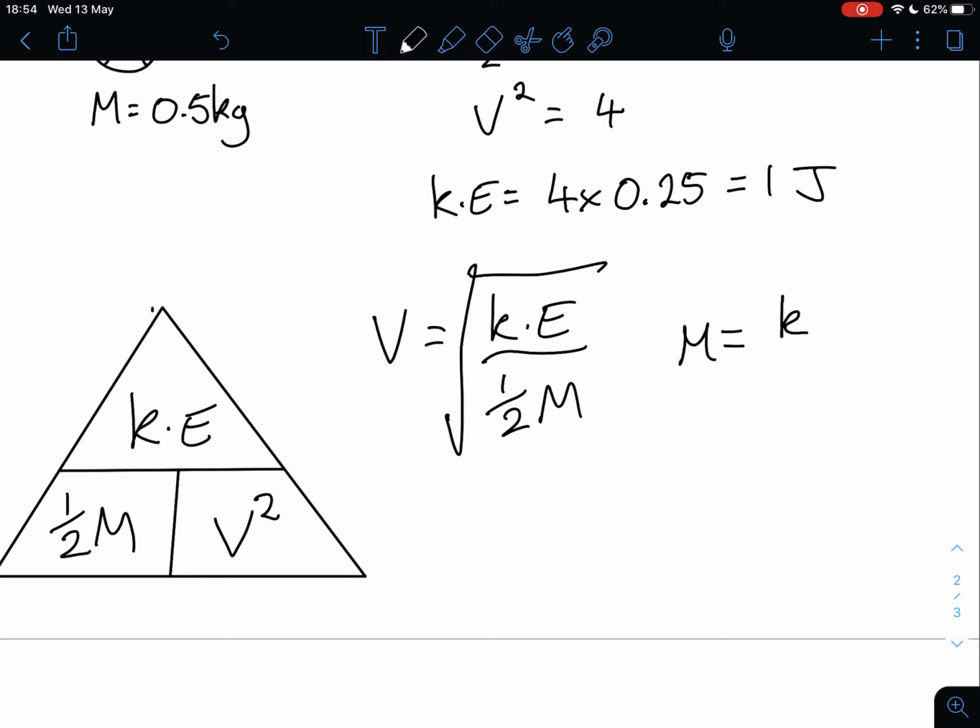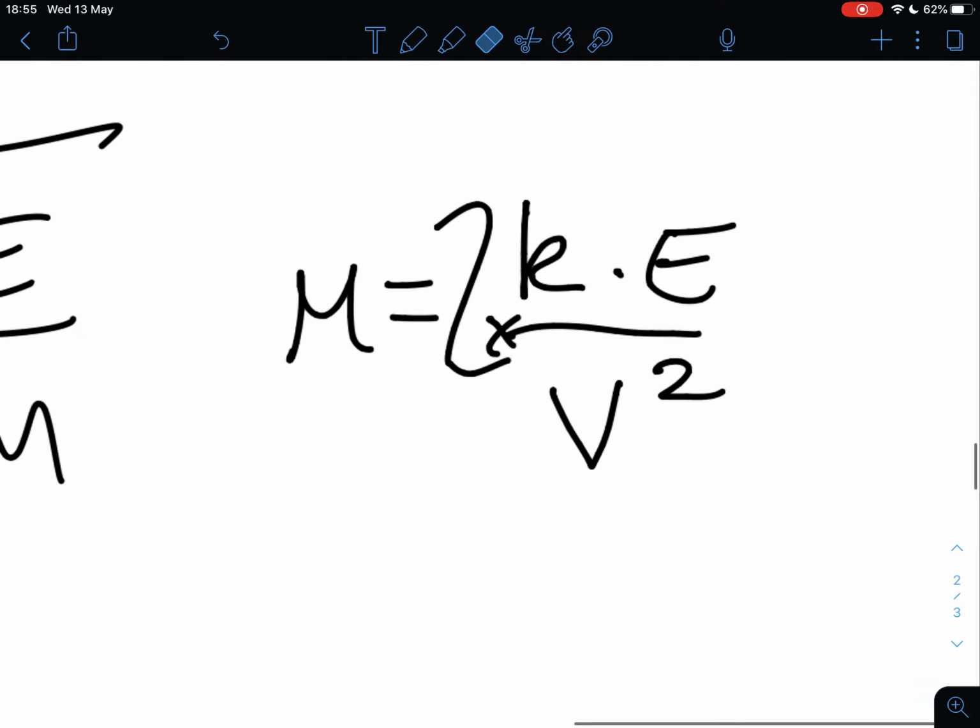We get Ke over v squared. But that's half the mass. So the number you get, if you do Ke over v squared, is half of the real answer. So to get all of the answer, you times it by 2. Like that. And the 2 and the half cancel out, so you get m. And there it is.